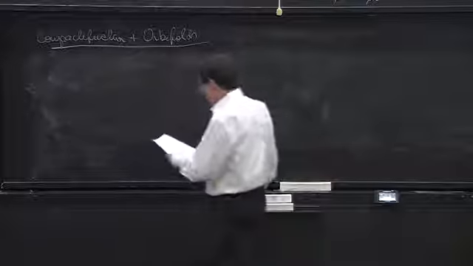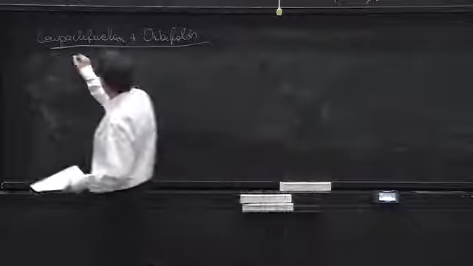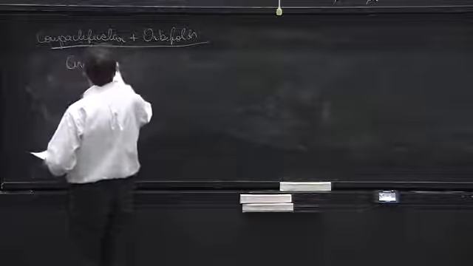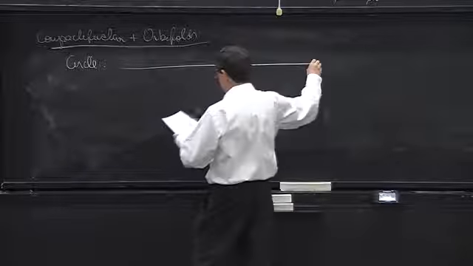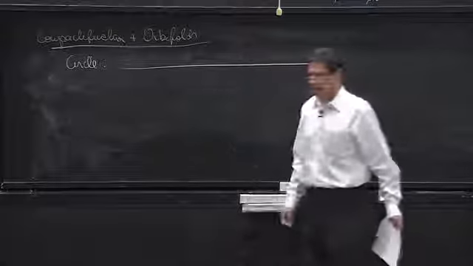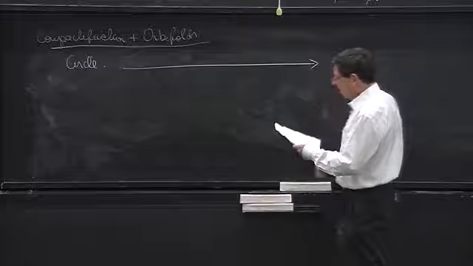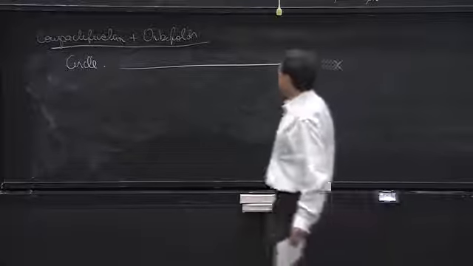So, suppose I want to make a circle. I take the real line, the x real line, and I make an identification.